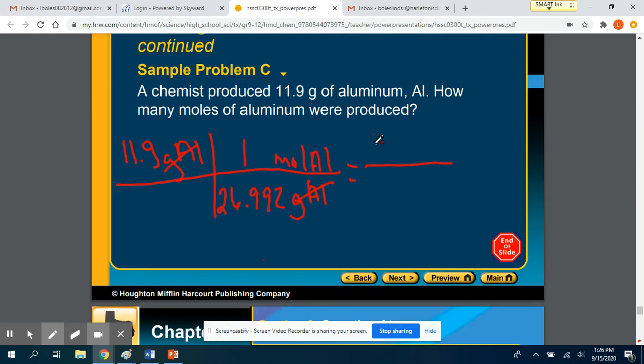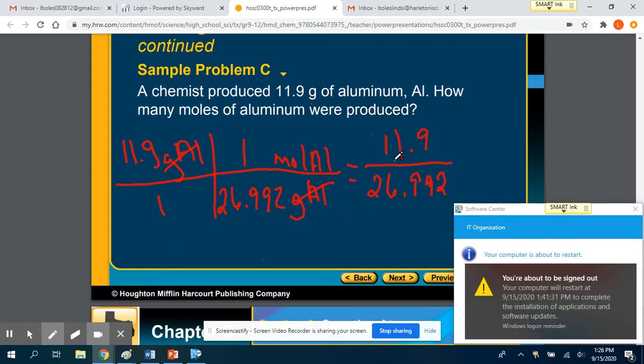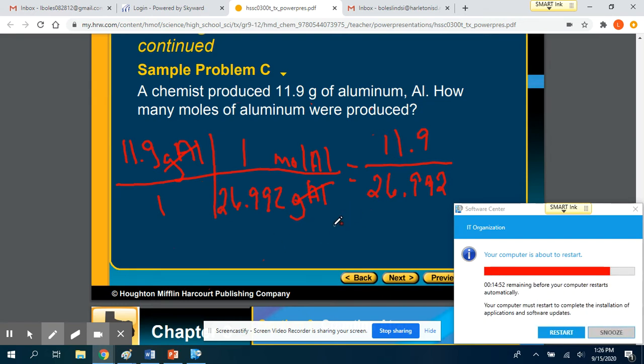On the top, you're going to have 11.9 times 1, which is just that, and on the bottom, 1 times 26.992, and then divide them. So 11.9 divided by 26.992 is 0.44.